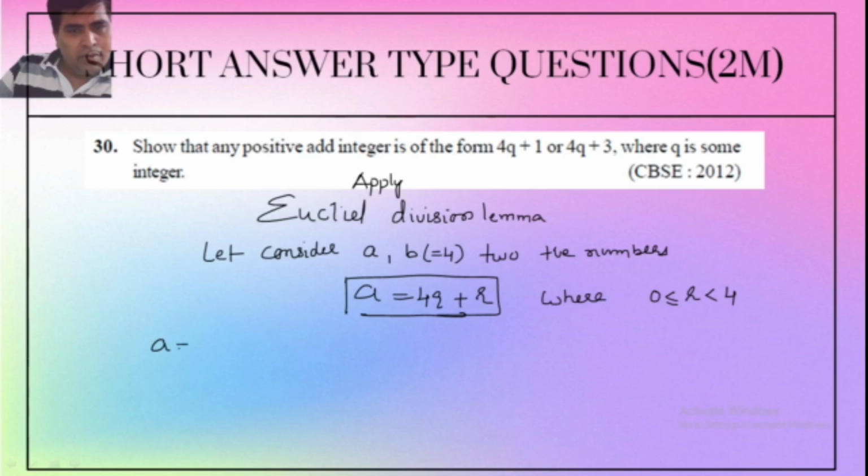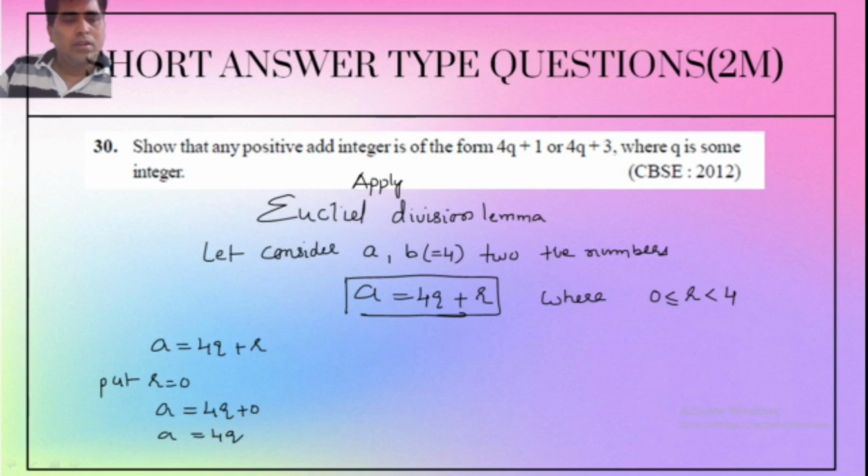A is equal to 4q plus R. Put R is equal to 0. I am taking R is equal to 0. So what happened? This expression becomes A is equal to 4q plus 0. A is equal to 4q. So further I can simplify in this way.